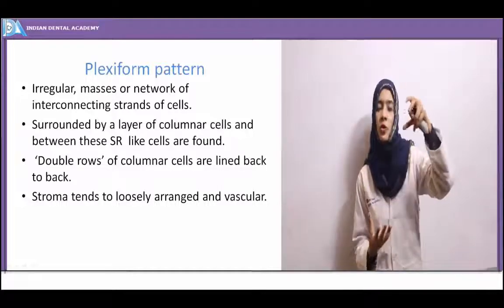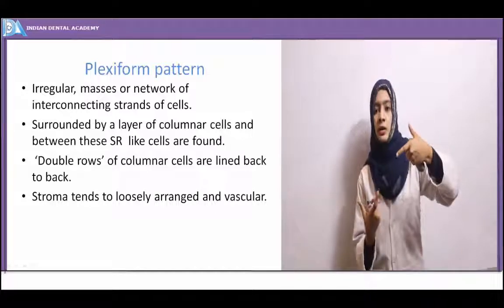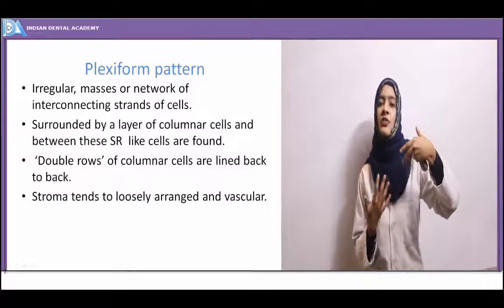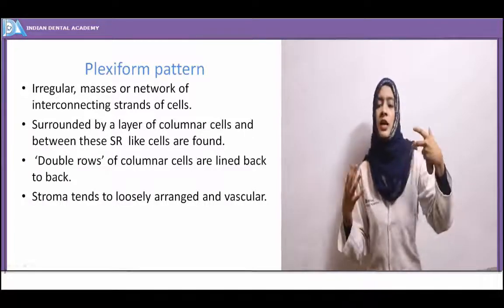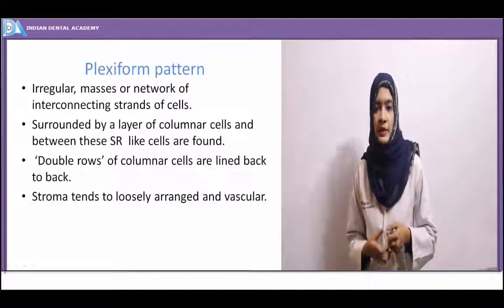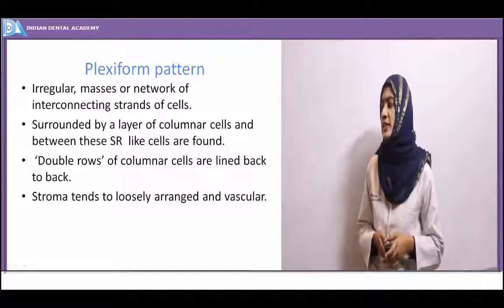Sometimes the tall columnar cells of the odontogenic epithelium appear as a double row of cells because of the close interconnection between the odontogenic epithelium. And the central cells again resemble stellate reticulum-like cells.